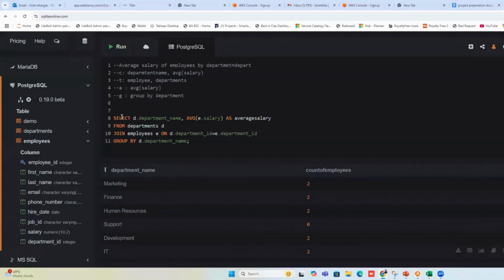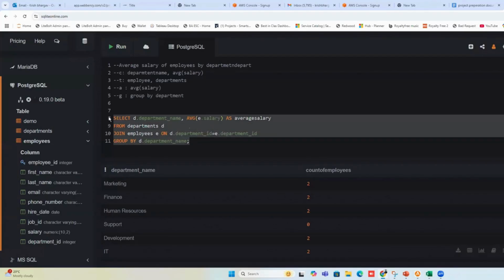So the answer will be in the same order. Select D.department_name, average salary as average_salary from department D join employees E on D.department_id equals E.department_id group by D.department_name.